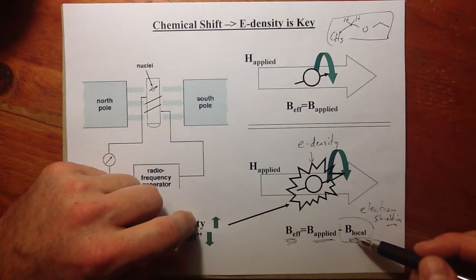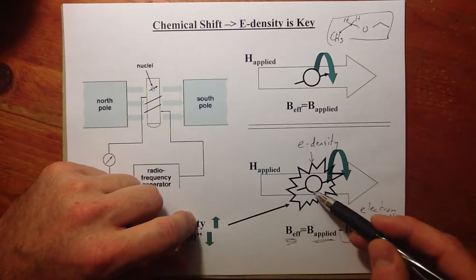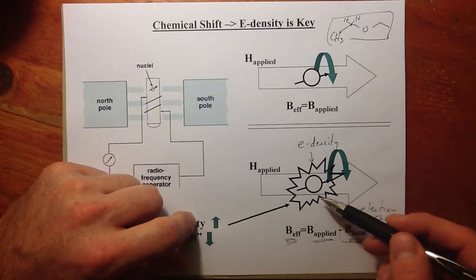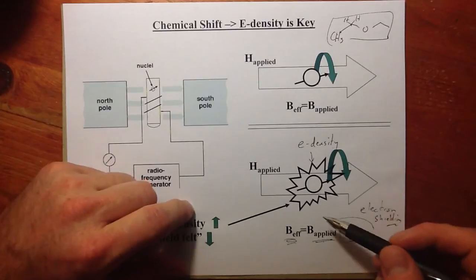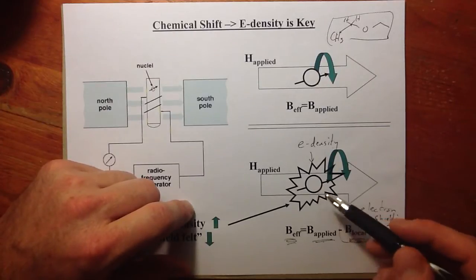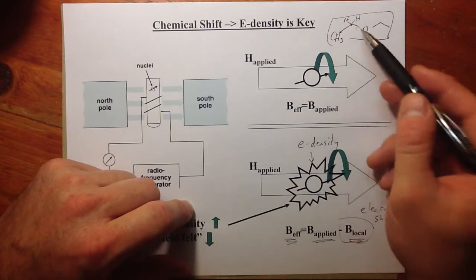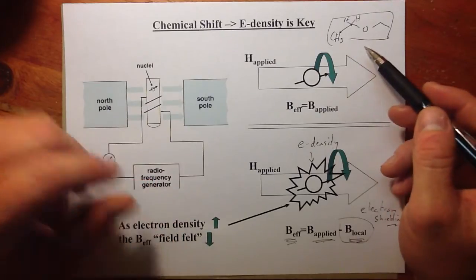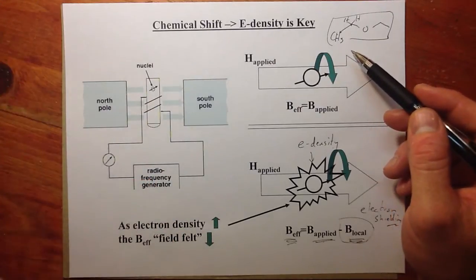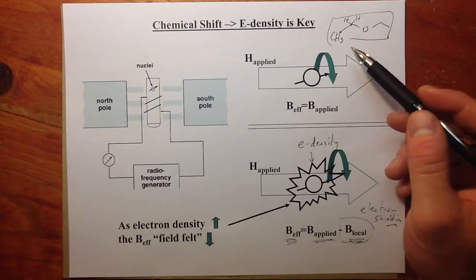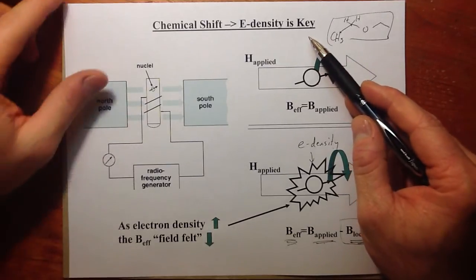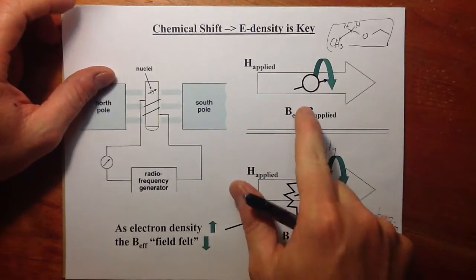We subtract some amount which changes what it actually feels, and therefore changes its precession frequency and makes it unique to that proton. So we now have precession frequencies that can be unique to certain protons depending upon where they are in the structure and how much electron shielding we have around them. So electron density is really the key. The change in that around these nuclei can be detected.